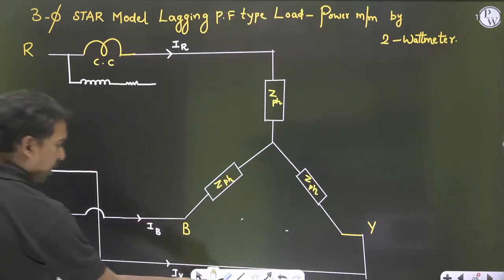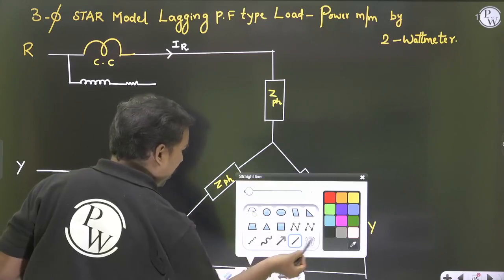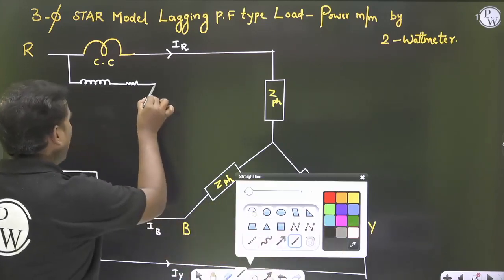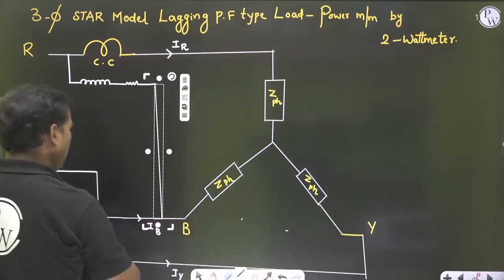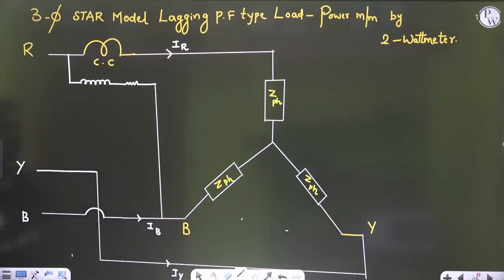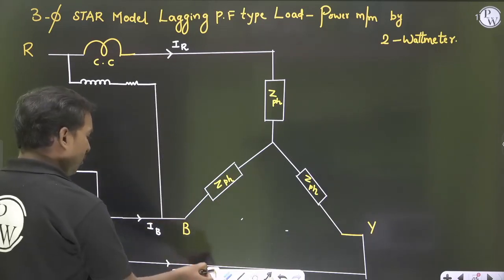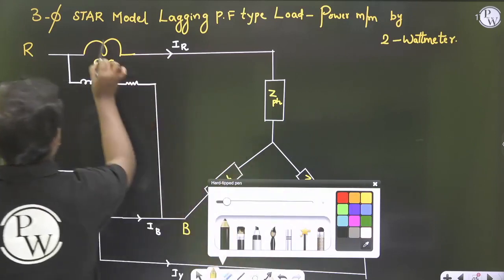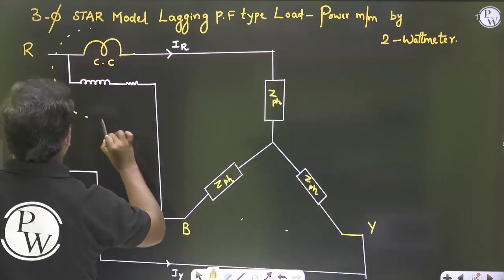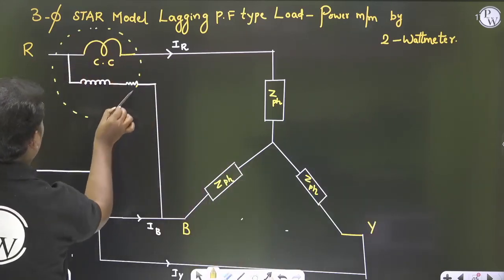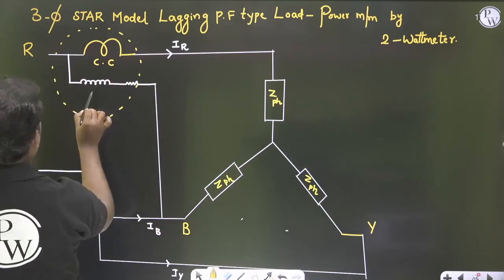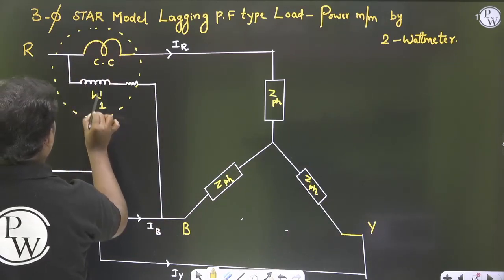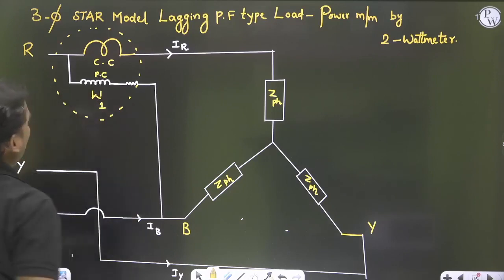This potential coil is connected not to the neutral, this line is connected to a common point, that is B. So this is what we call wattmeter 1, W potential. Understood? Is it clear?